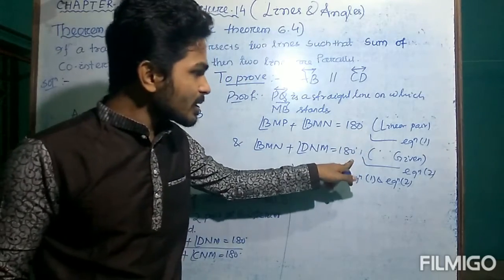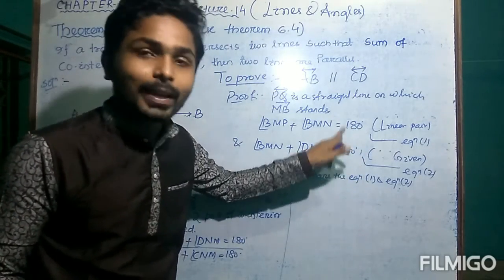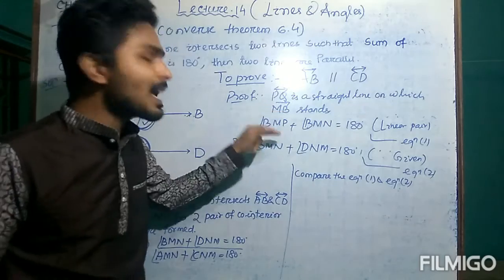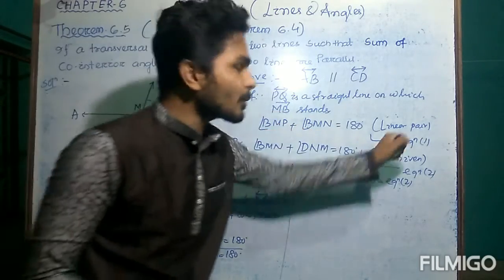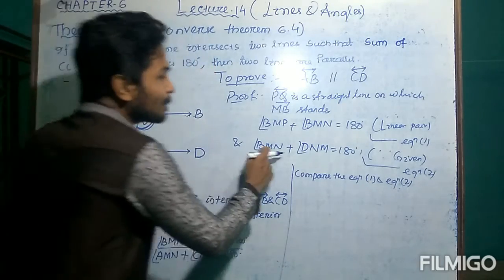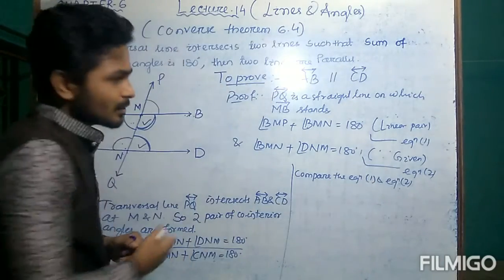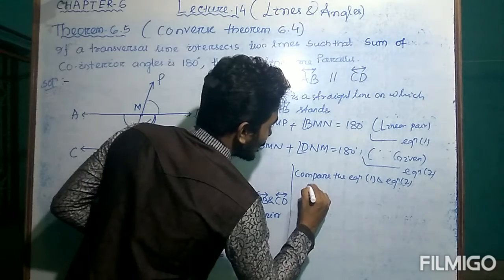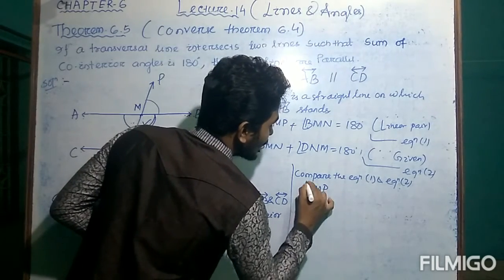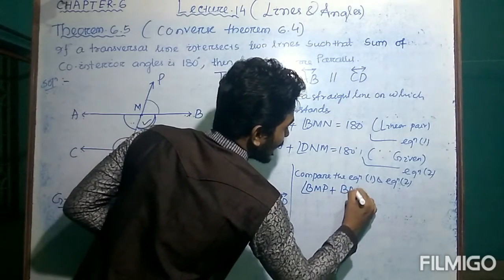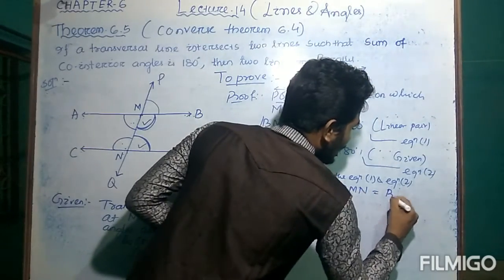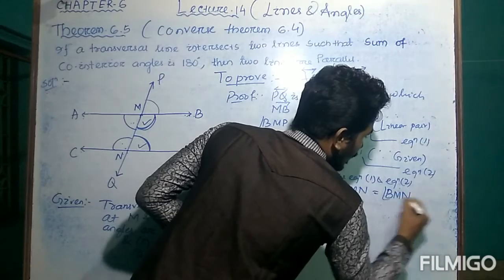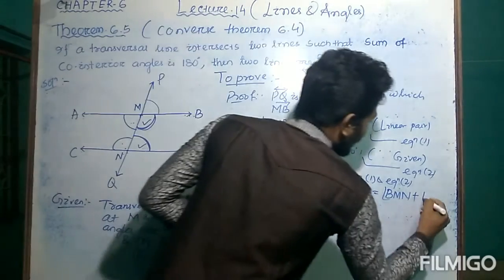And if in any two equations one side is equal, then we can write that their other sides are also equal. So we can write the left hand side of equation 1 is equal to the left hand side of equation 2. So write it. BMP plus BMN is equal to BMN plus DNM.